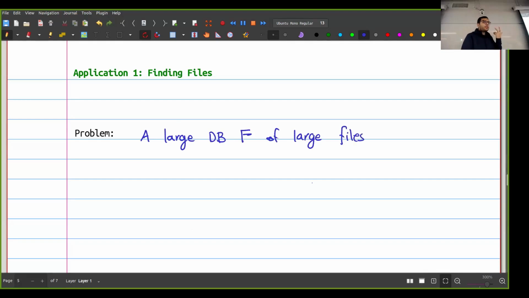Let's imagine that each one of my files is several gigabytes, and maybe I have, I don't know, millions or billions of files. Now, someone gives me a new file, and the question is: is this file already in my database or not? So, given a file, let's call it F, decide whether F is already in your database.